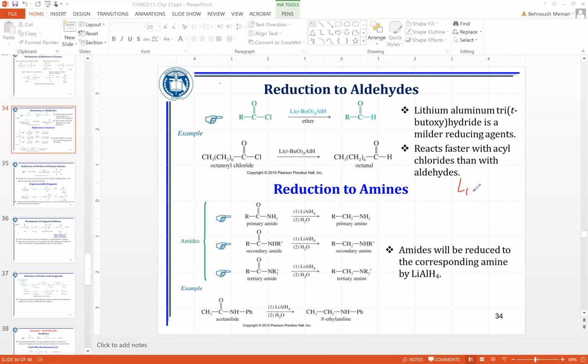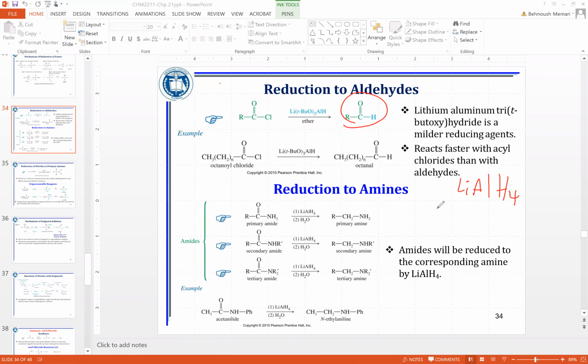LAH is lithium aluminum hydride with the 4 hydrogens in the form of hydride. But if you want to stop at the aldehyde position and not continue with the reduction to primary alcohol, you have to poison it.